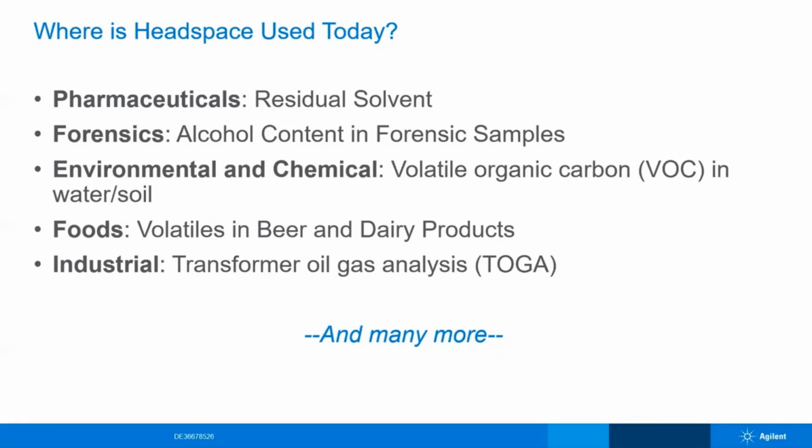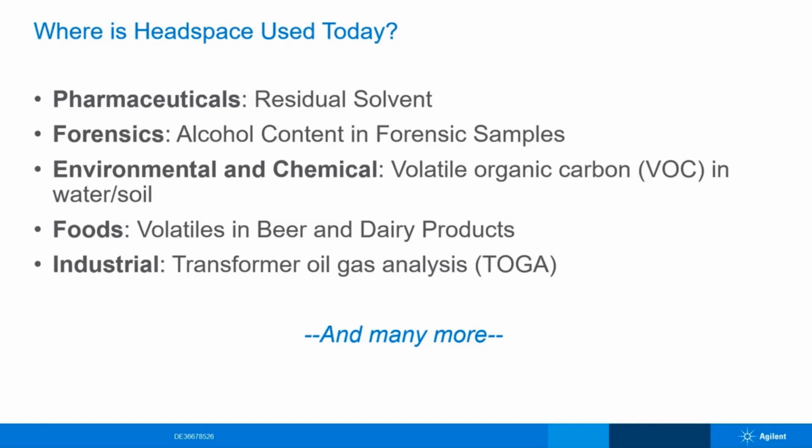So where is Headspace used today? It is a time-tested technique, like I mentioned before. So you will see this in USP 467 for residual solvents, and analyzing the alcohol content in forensic samples across a wide range of different volatile organic carbon tests for both pesticides as well as petrochemicals and other types of pollutants in water and in soil.